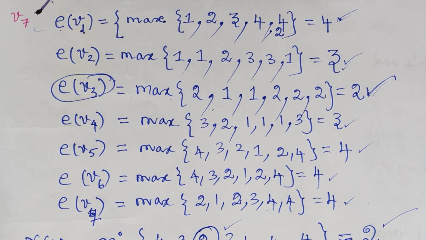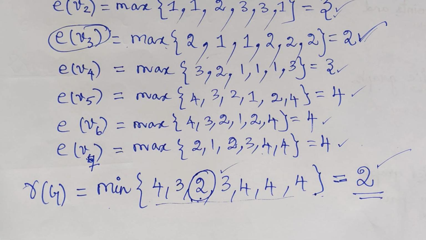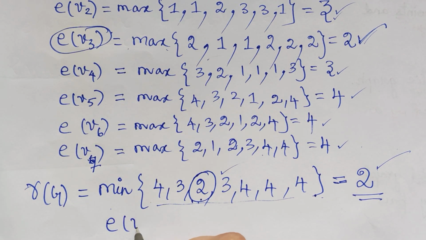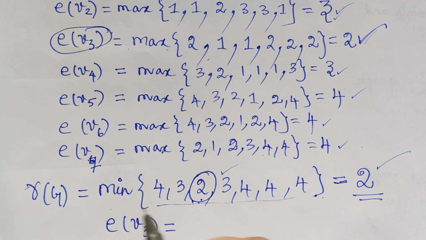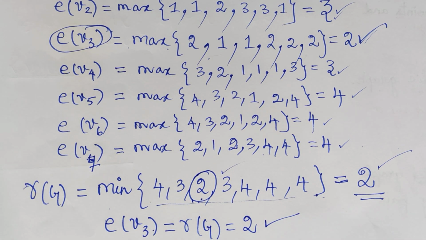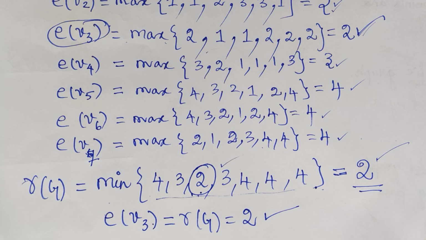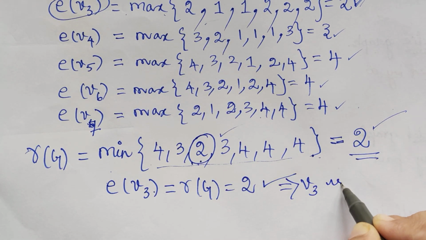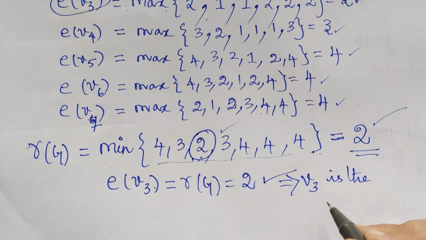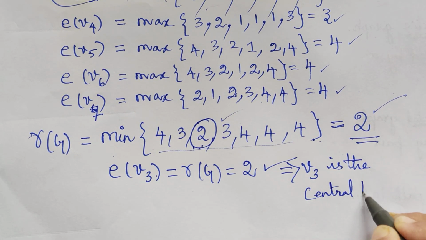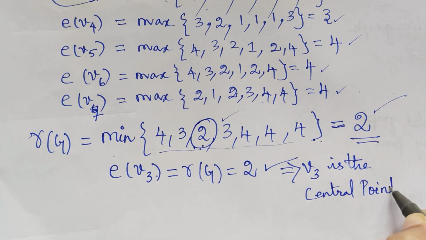Therefore, vertex V3 is the central point, because we noticed that the eccentricity of V3 was equal to the radius of the graph, which is 2. So V3 is the central point. So we have found the central point.